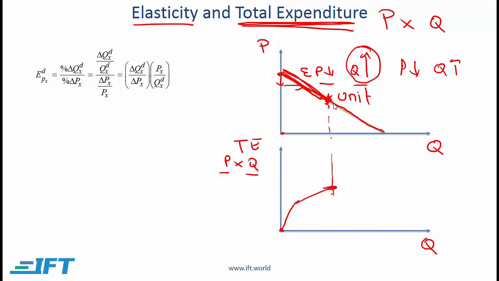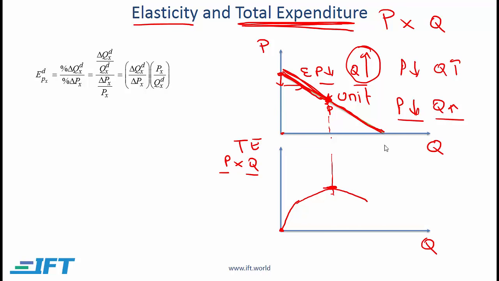Now after this, we get to the inelastic part of the demand curve. So now if the price comes down by a certain amount, the quantity will go up, but not by much. So the overall impact is that total expenditure will start coming down.